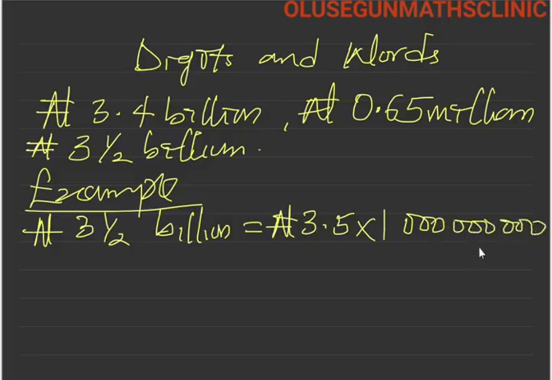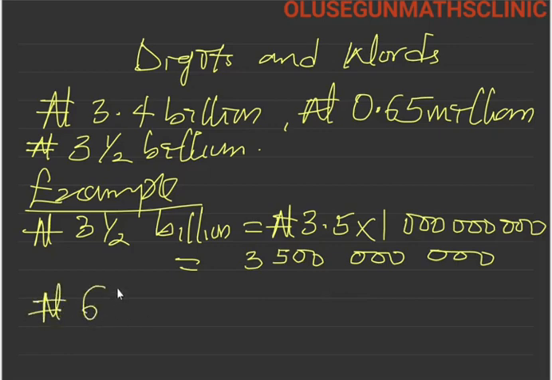So by the time we multiply these together, you recall that this is a point. It will now change to 3,500, remain 3, remain this. So if you have to pronounce this, you discover that this is 3,500,000,000.